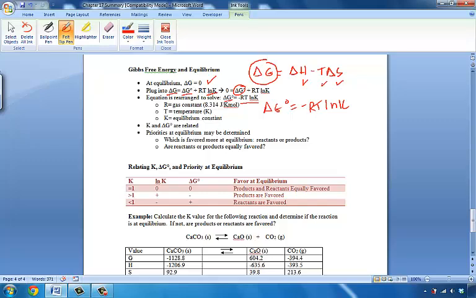Temperature should always be in units of Kelvin as well. So all of your units should match the units of your gas constant: joules, Kelvin, and mole.